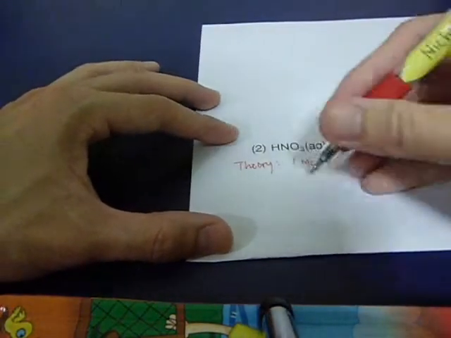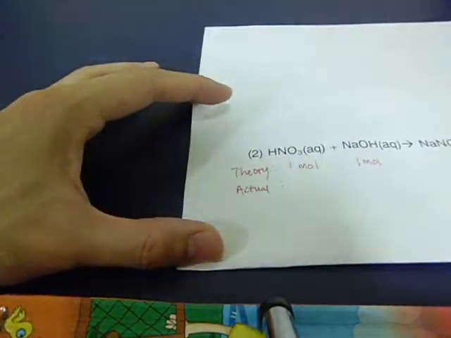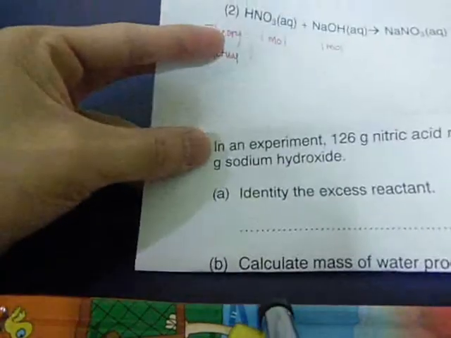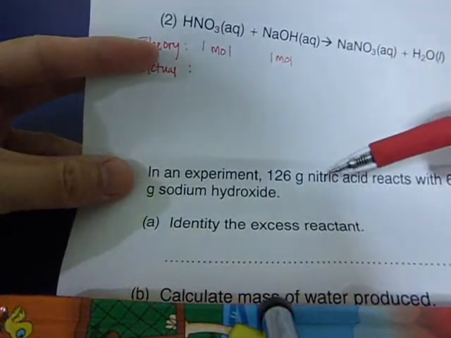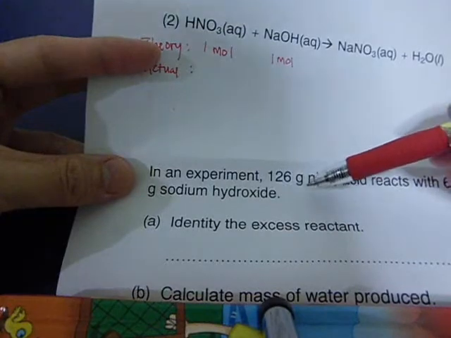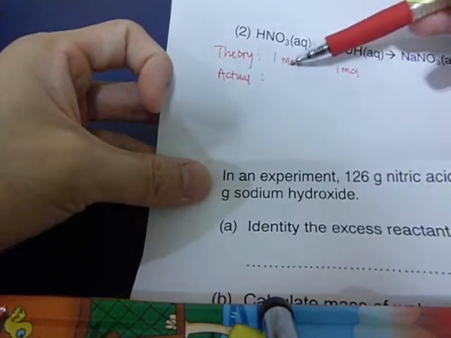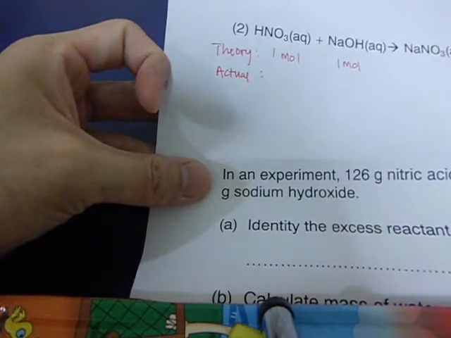Now how about in the experiment, in reality or actual? In reality or actual, you have 126 gram of nitric acid, but you have to change it to mole so that you can compare with the theory, because the theory is in mole.